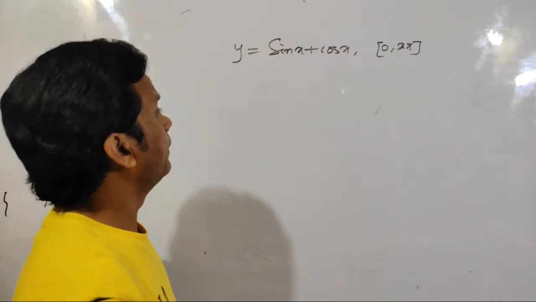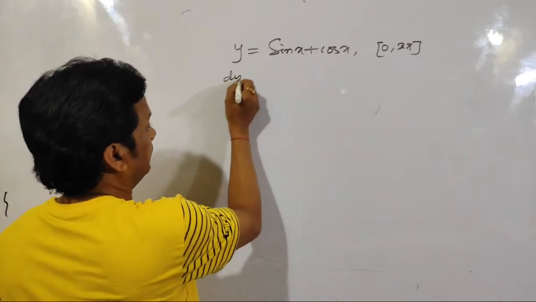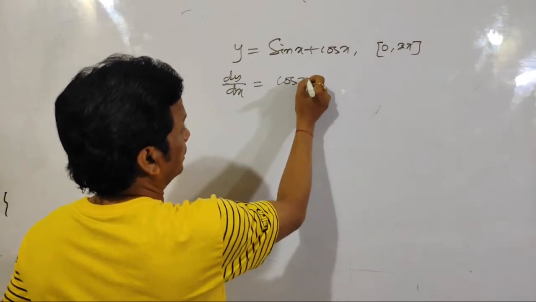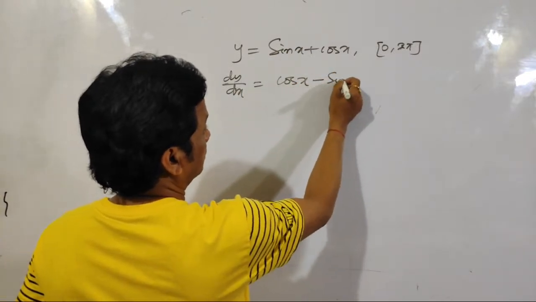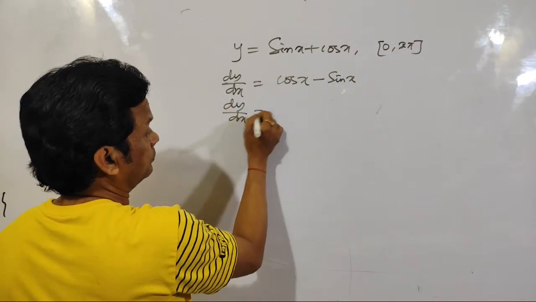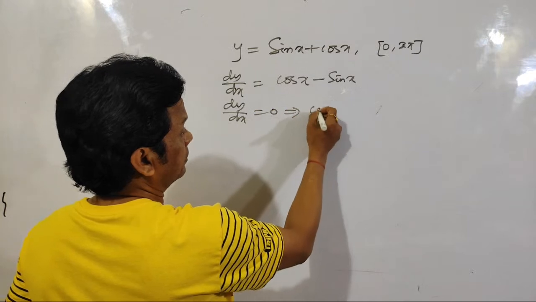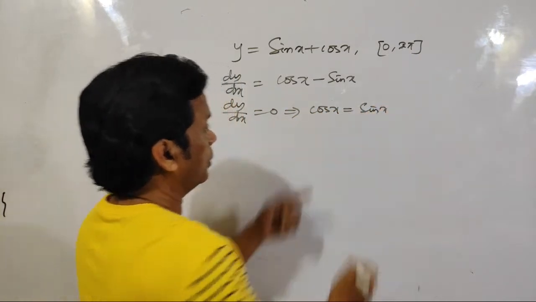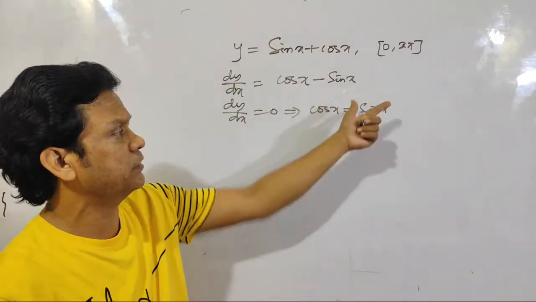So find the derivative first, dy by dx. Derivative of sin x is cos x and derivative of cos x is minus sin x. So dy by dx is equal to 0 implies cos x is equal to sin x. Because cos x minus sin x is equal to 0, so cos x is equal to sin x.